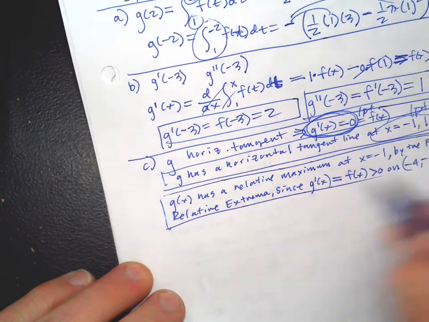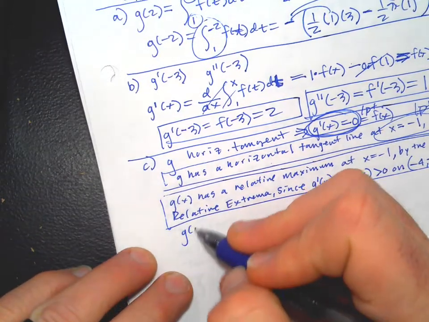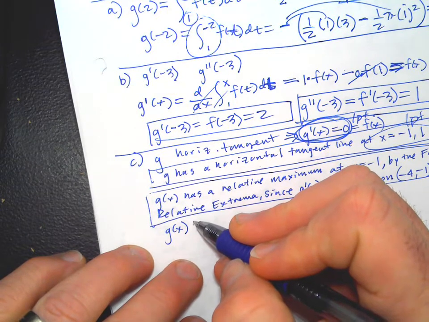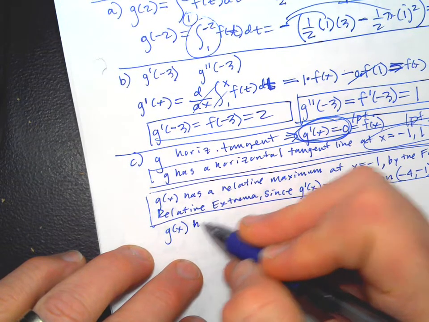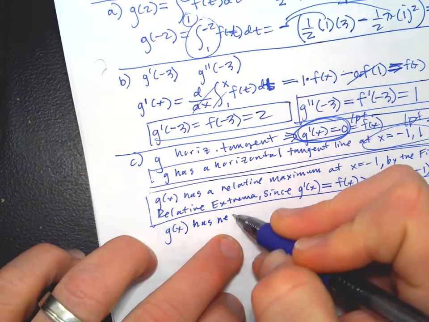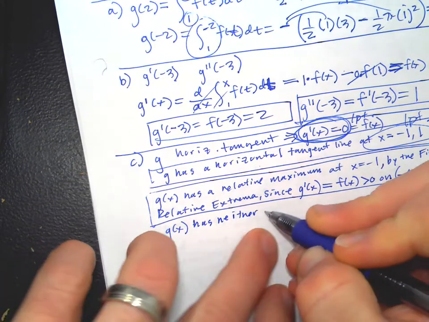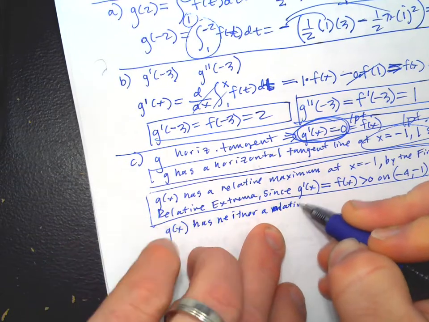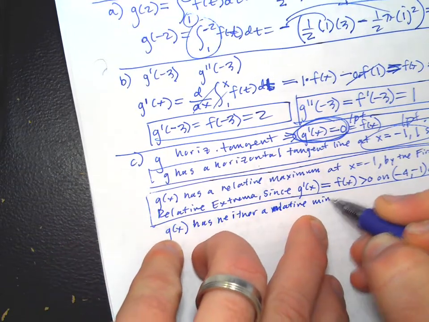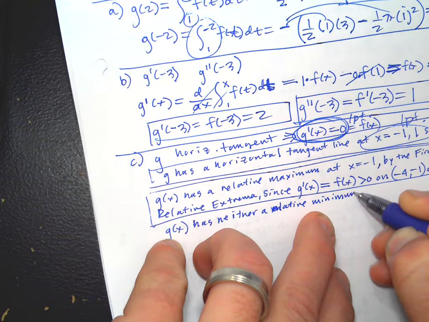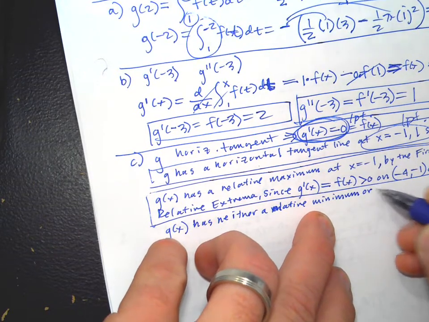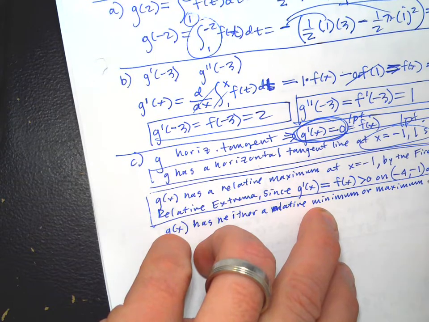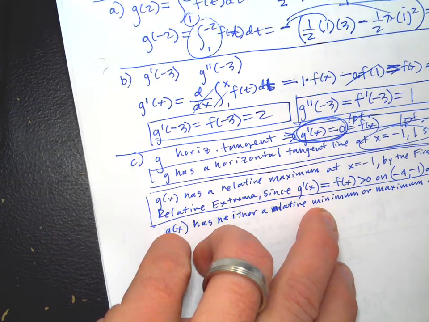Then we also need, we can't just ignore it: g of x has neither a relative minimum or maximum at x equals 1.